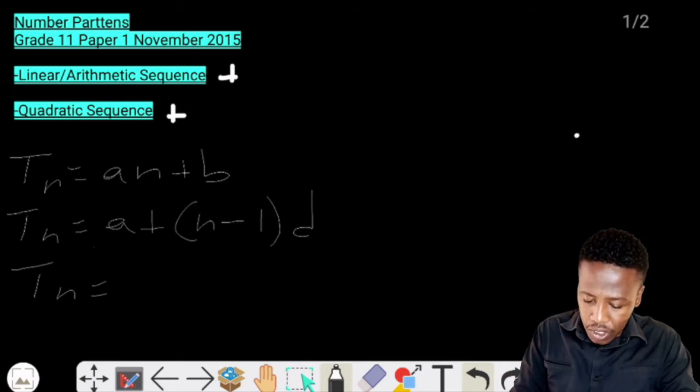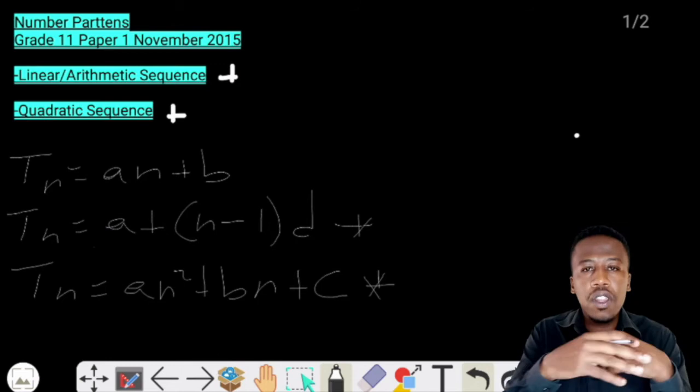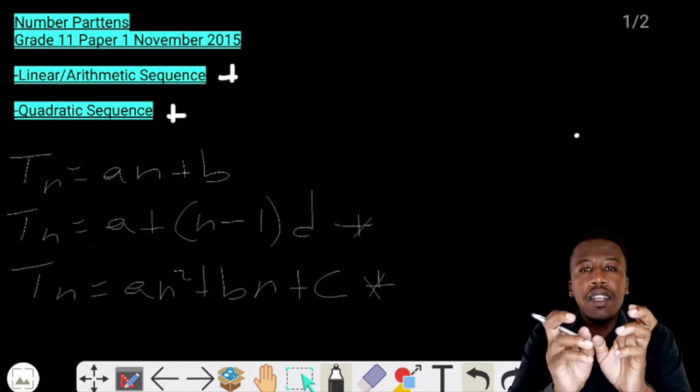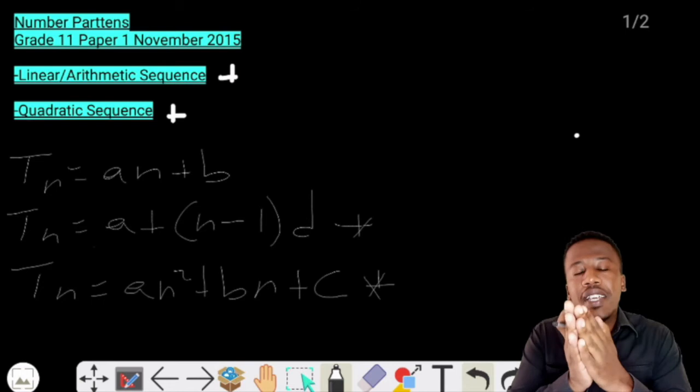Now the quadratic sequence is an squared plus bn plus c. The difference between these two is that in a linear sequence, the first difference gives you a constant number between your terms.